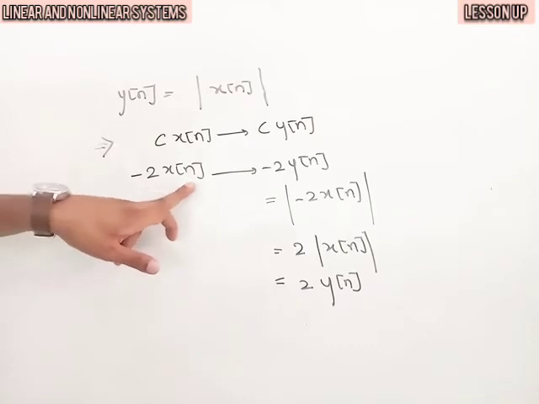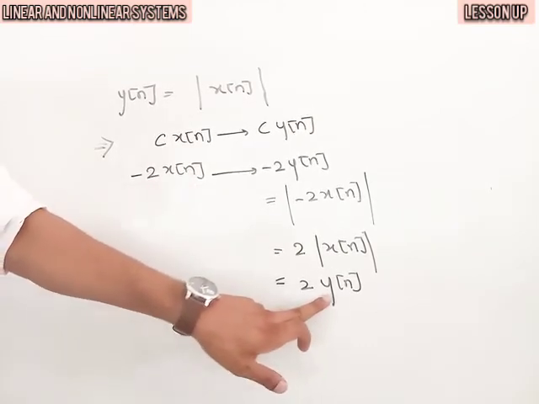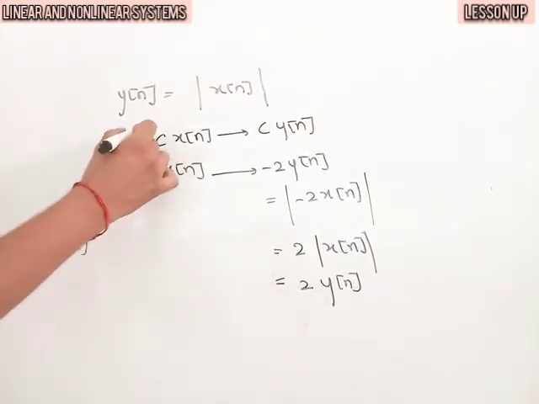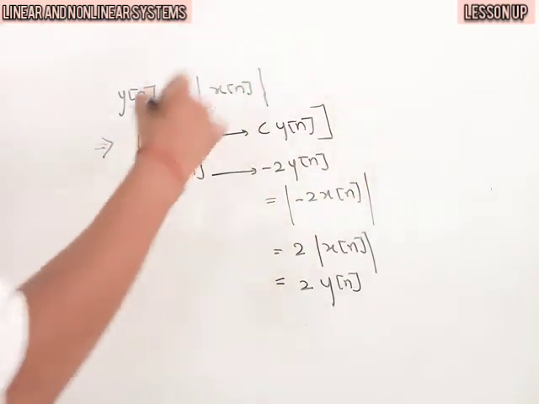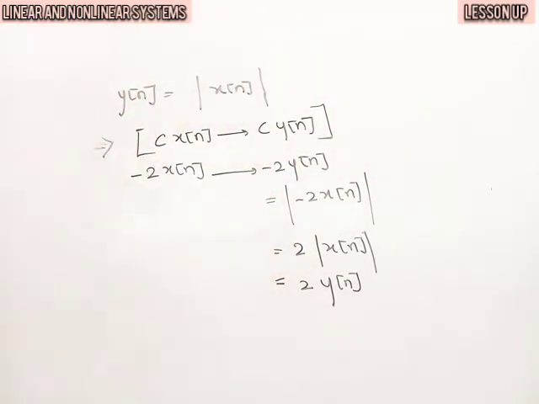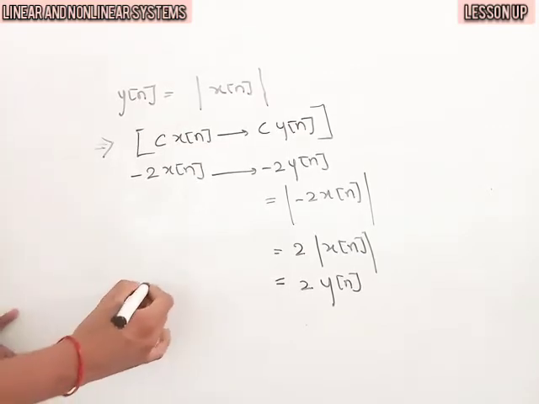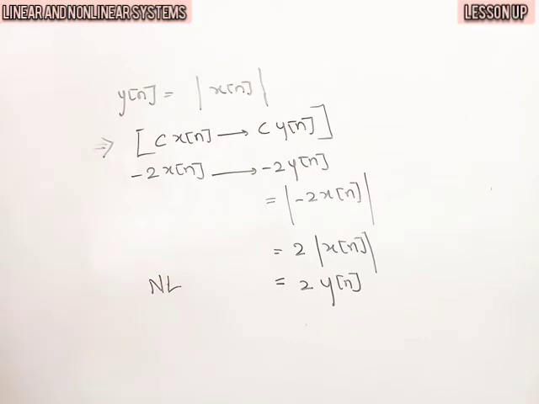With minus 2 x of n input, you got output 2 y of n. So, this does not follow this condition. According to the homogeneity or scaling property, this system is non-linear.